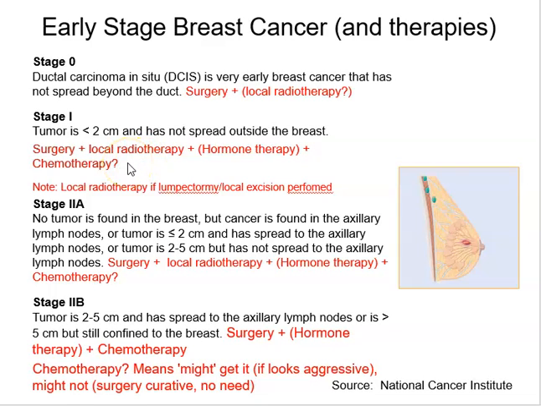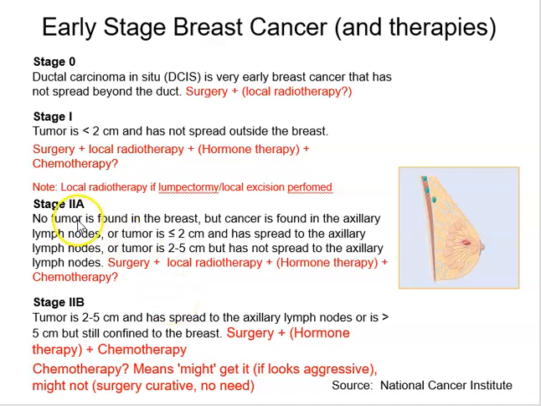And the question you need to know is, well, how many people survive with just this without the chemotherapy, and how much benefit does the chemotherapy add by putting it in? What we often do, a little note there, is that we perform local radiotherapy if a lumpectomy has been performed, because there's a possibility of leaving a small amount of tumour behind if you perform a lumpectomy, and then the local radiotherapy can address any tumour that has been left behind.